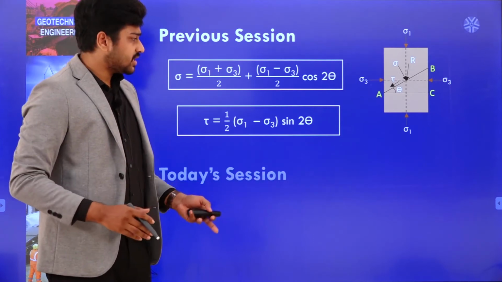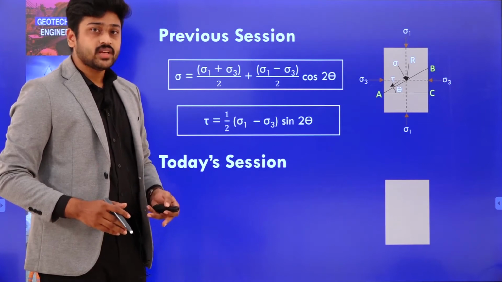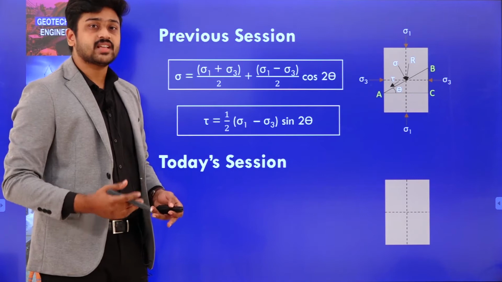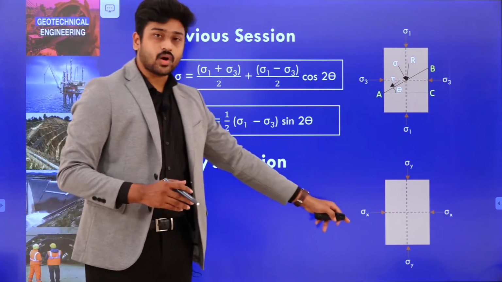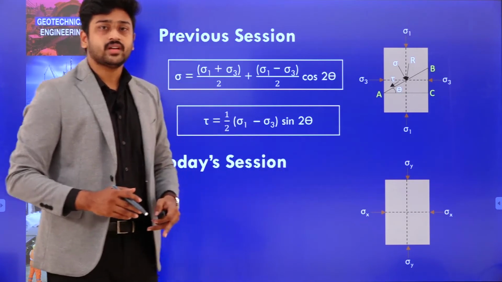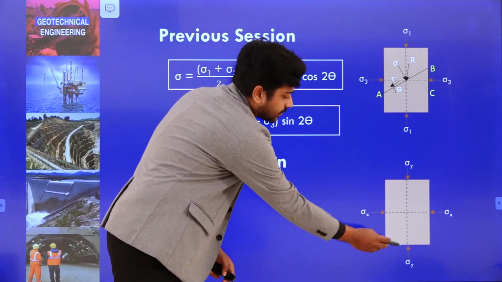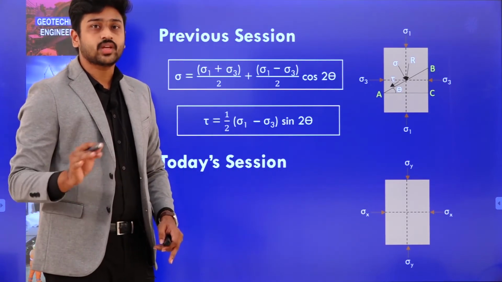Let us consider a two-dimensional body. Unlike the previous case, we now consider the stresses as sigma x in the horizontal direction and sigma y in the vertical direction. But these horizontal and vertical planes are not the principal planes, which you need to keep in mind.